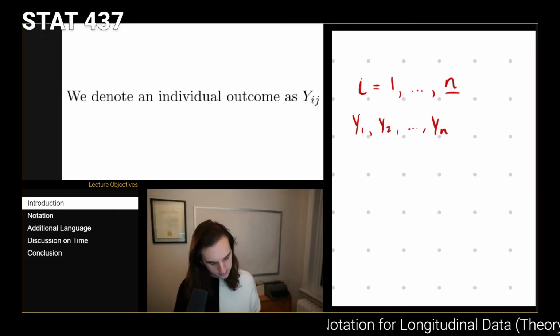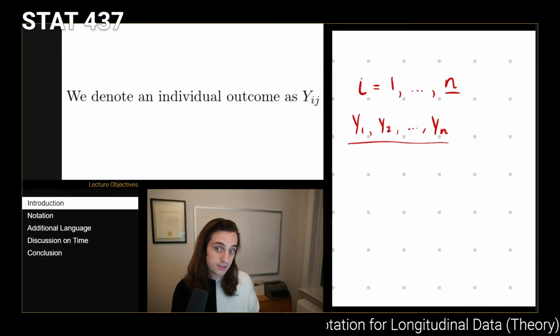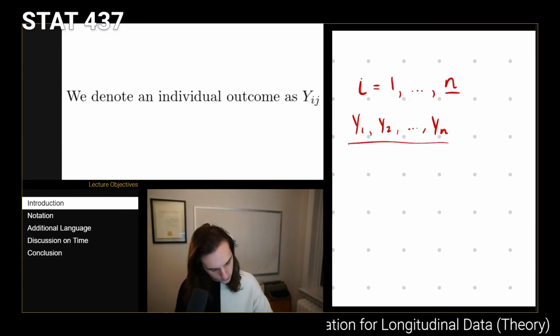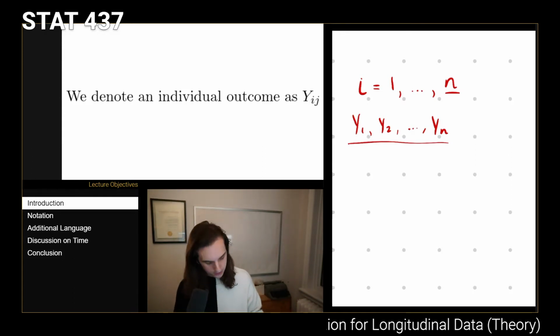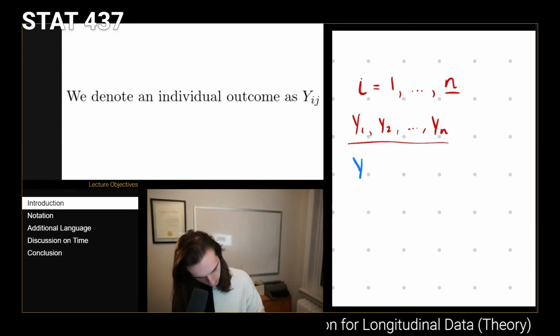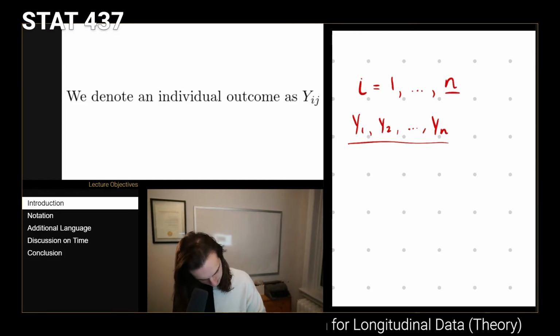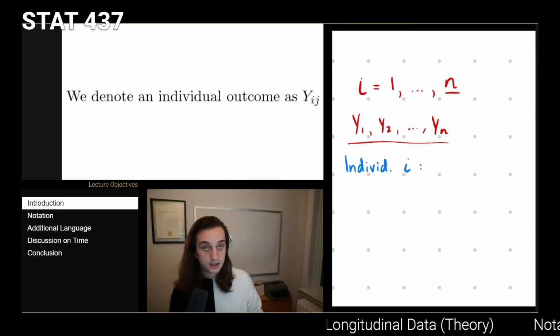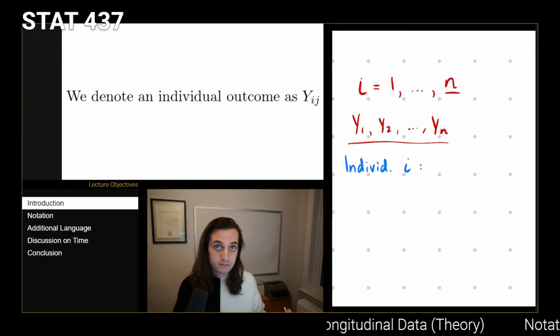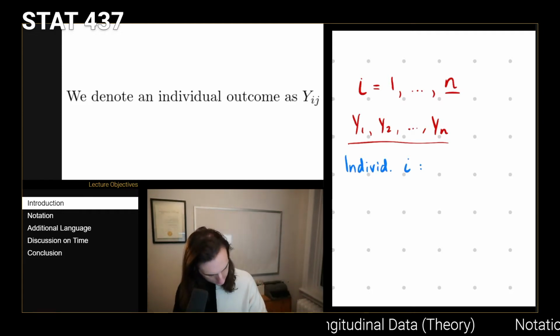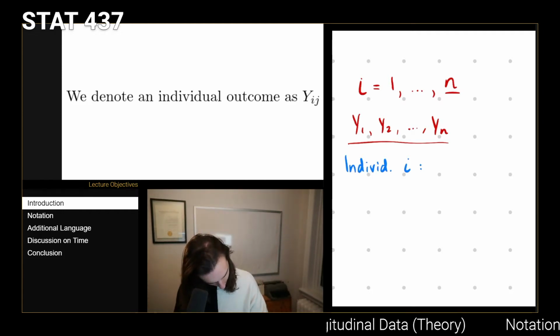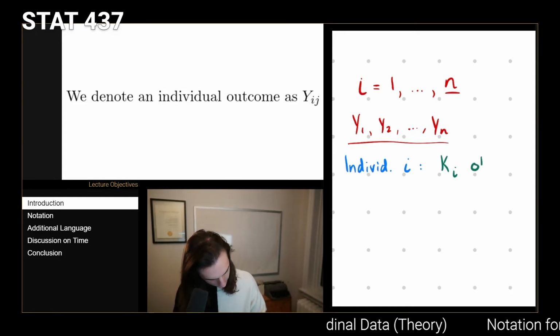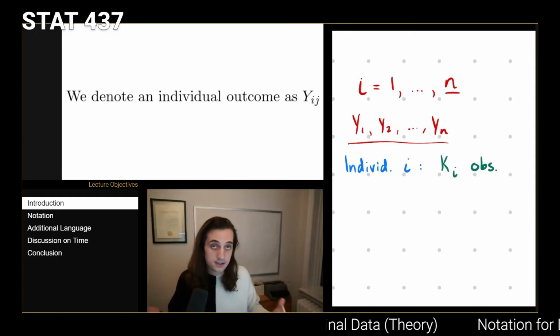And here the problem is that we don't just have a single observation for every individual. Instead, for each individual i, we're going to have k_i observations. And k_i is going to depend on the study.